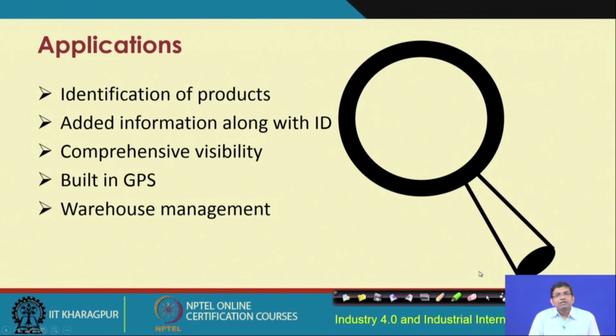There are different applications of RFIDs in the inventory management and control process: identification of the products that are shelved in the warehouses, in the management of the warehouses, then adding information along with the ID, then having comprehensive visibility of the different products, the stocked items, shelved items and so on.